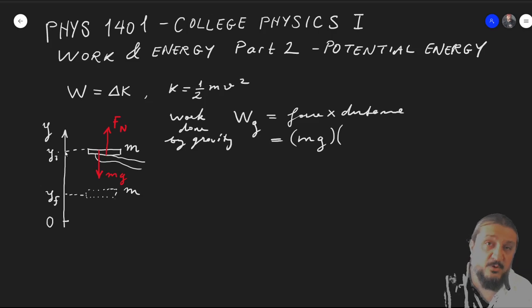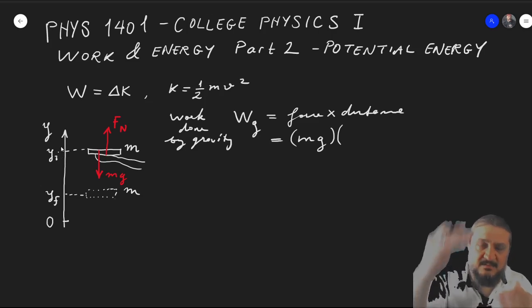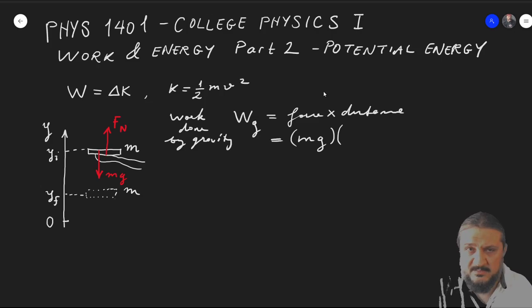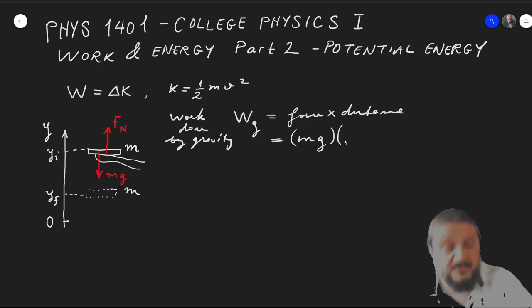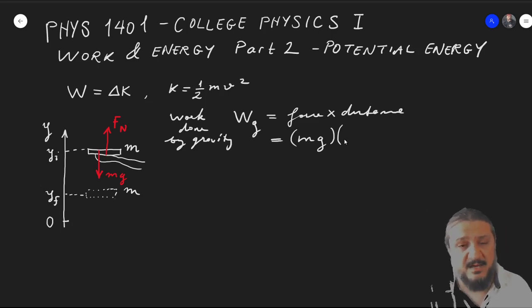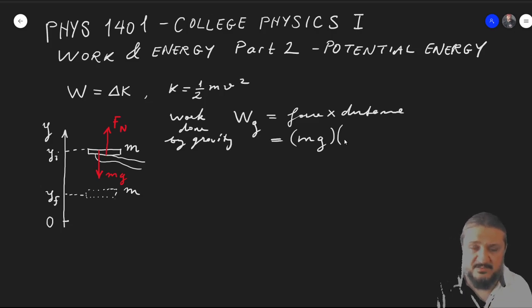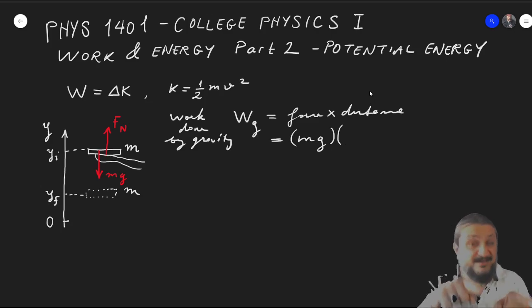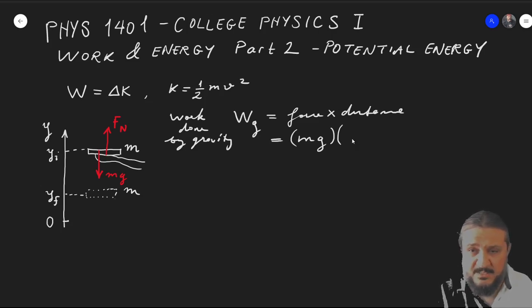Now we have the y coordinates. yi is greater than yf in this picture, right? So if I subtract yf from yi, I get that distance, displacement in a way. Although I should be careful with the word displacement, because displacement is actually negative in this case. I'm only interested in the actual distance traveled, the physical distance, which is positive. Once I realize that the force and the displacement vector are in the same direction, parallel, I don't need to worry about signs anymore.